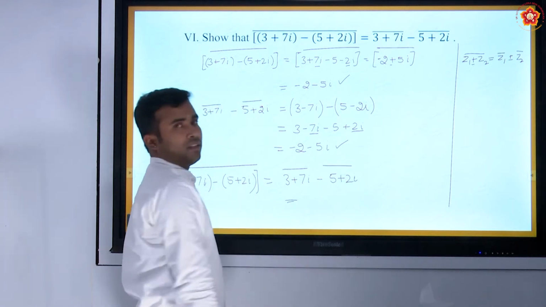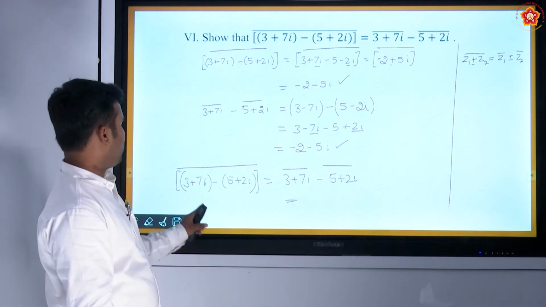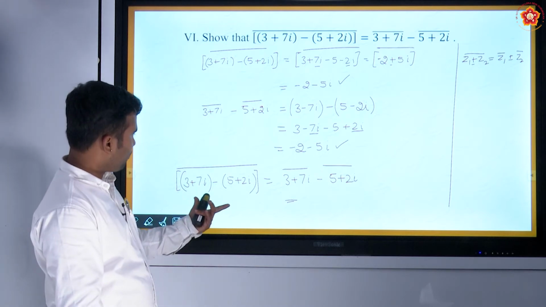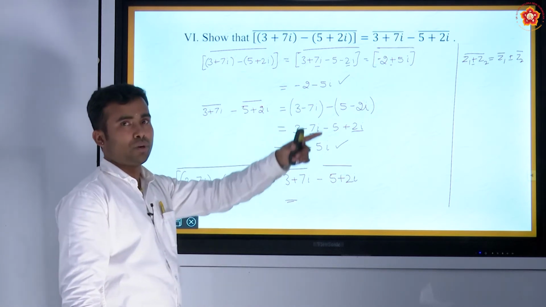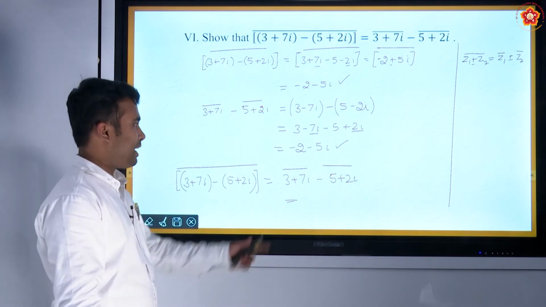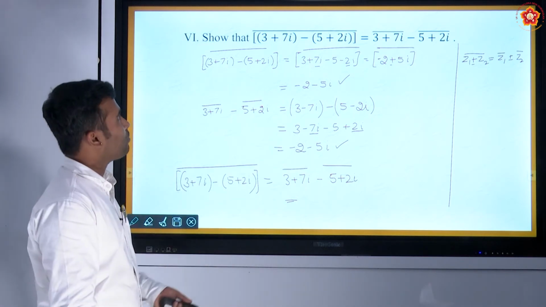Hence we have proved. We showed that this will be equal to that, as both values are equal to minus 2 minus 5i. Hence we can equate. That is how we can show.